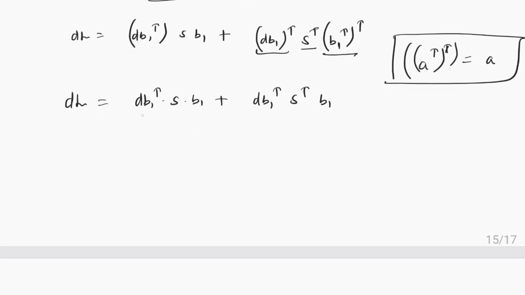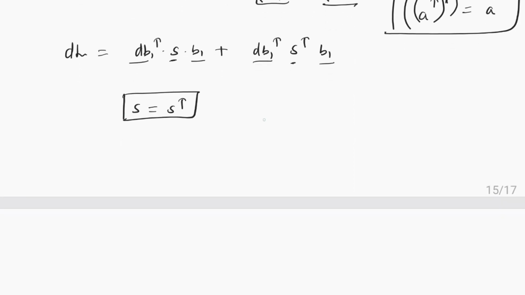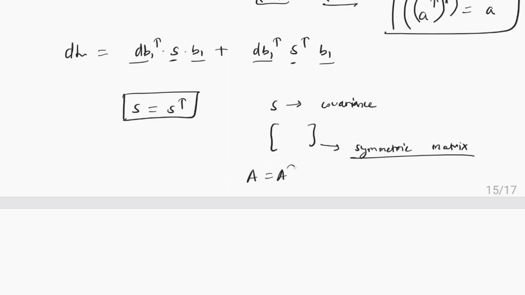Now see, this one and this one are the same, the only difference is S here. So what we are going to do is, we can prove that S is equal to S transpose. How we can prove it is, S is a covariance matrix, right? So you know that a covariance matrix is a symmetric matrix, and a symmetric matrix has a property that A is equal to A transpose if A is symmetric.